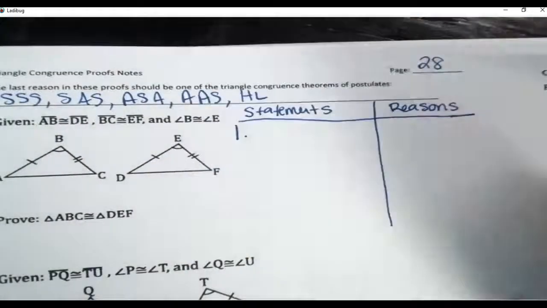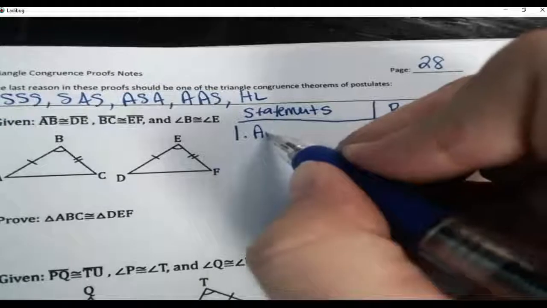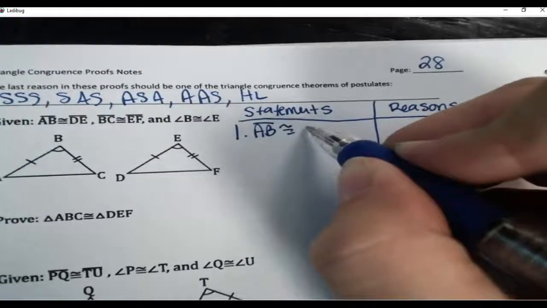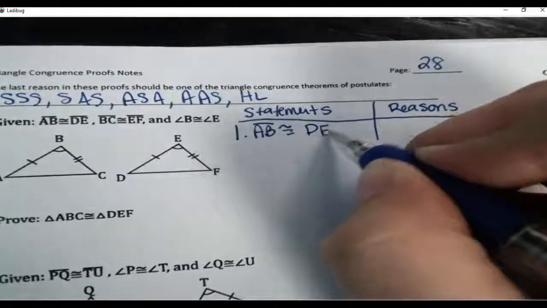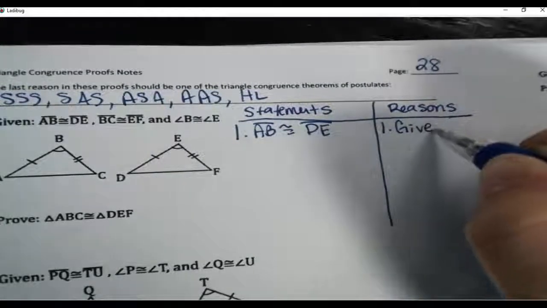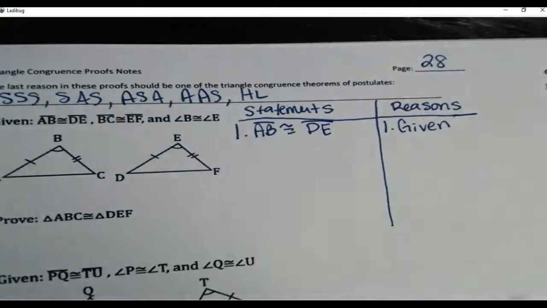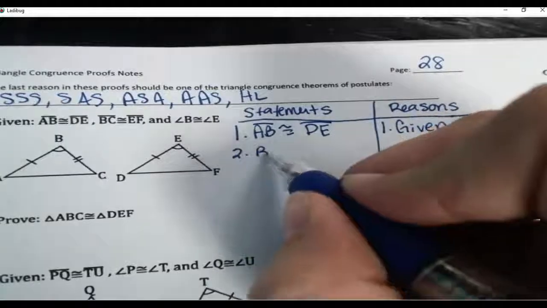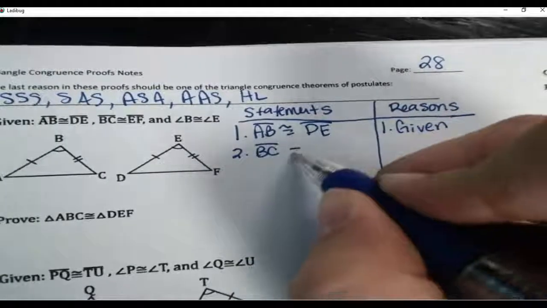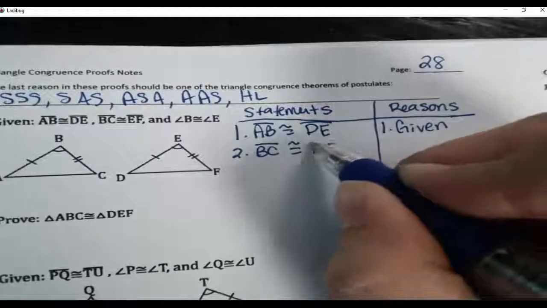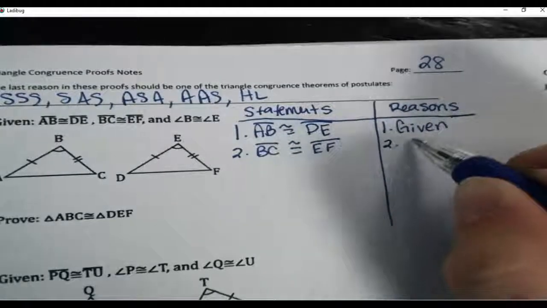Okay, so the first thing we're given is that AB is congruent to DE. And again, that's given. Then we're also given that BC is congruent to EF. That's also given.